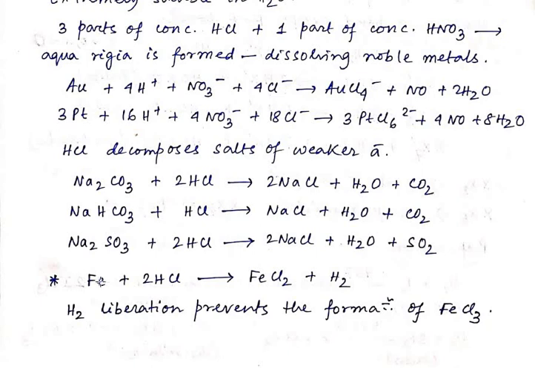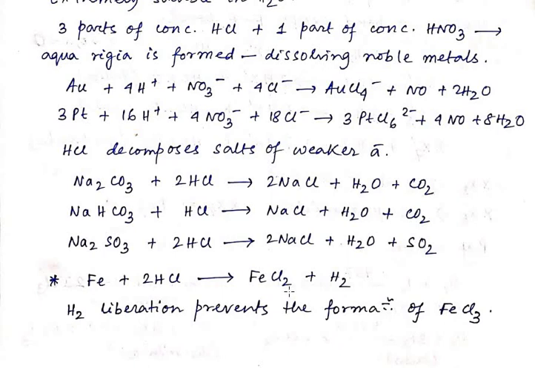Another reaction I have written here is that when iron reacts with the HCl, it will form FeCl2 plus hydrogen. That FeCl2 is ferrous chloride, and that ferrous chloride is not very stable. Hydrogen liberation prevents the formation of the FeCl3, but FeCl2 otherwise oxidizes to FeCl3 every time.